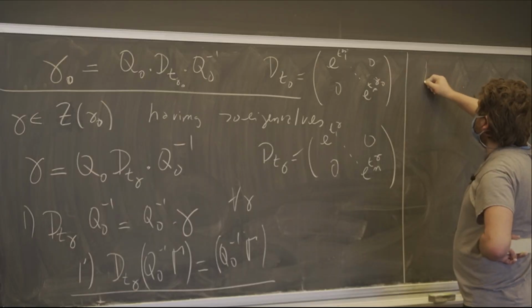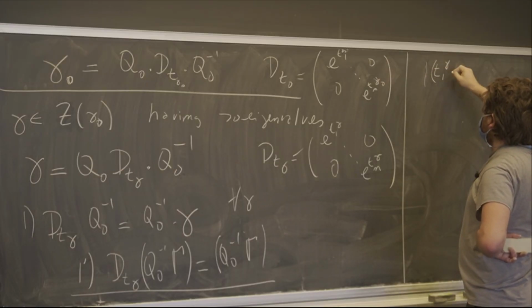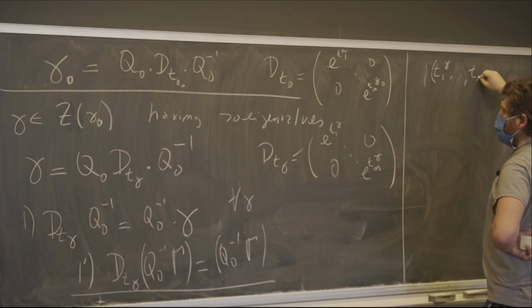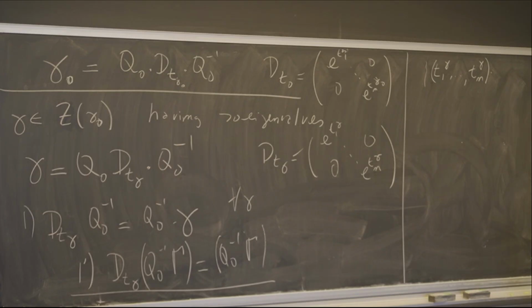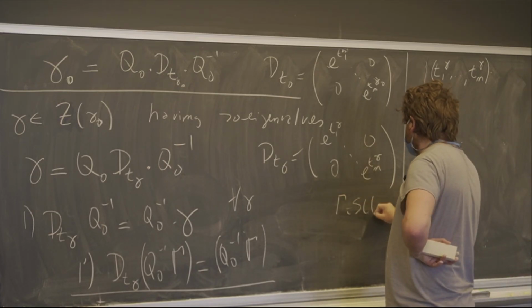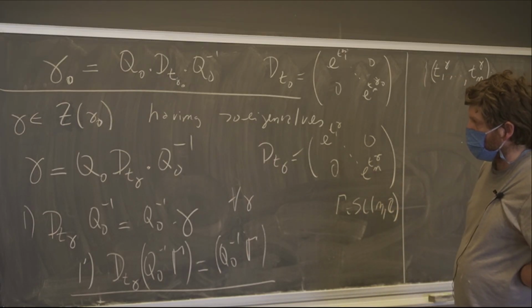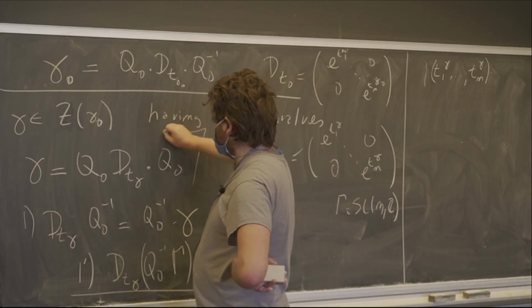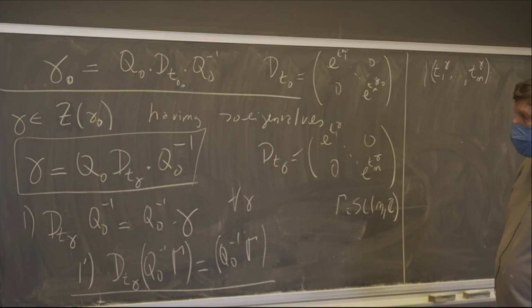if I take all these T1 gamma, T... gamma is SLNZ. How do you switch from the centralizer of gamma 0 to here? That's for just the centralizers.